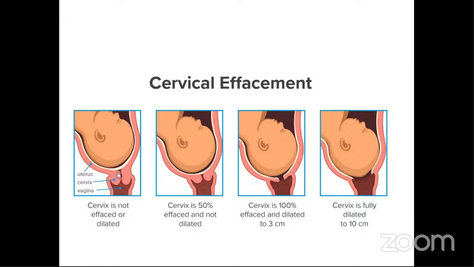Initially, in very early labor when the cervix is not effaced, you do a PV examination and you can feel the lips of the cervix properly from the fornix. The cervix is almost 3 to 4 centimeters long, and the ectocervix is properly felt. But when the cervix starts effacing, it becomes shorter and shorter.